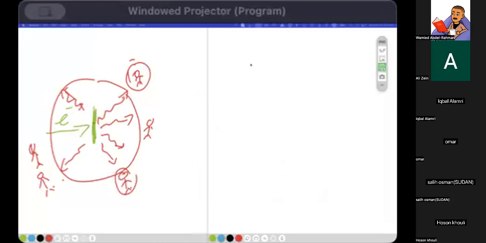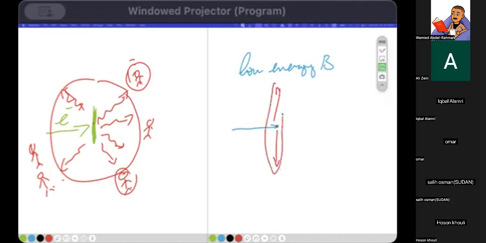So for low energy, this is our electron. We're going to find, in this direction and this direction, also coming out from anything within that plane, this is where the intensity is maximum.